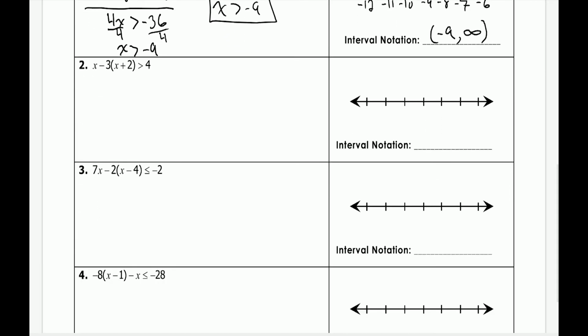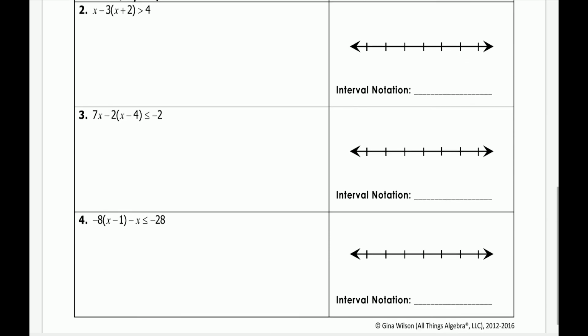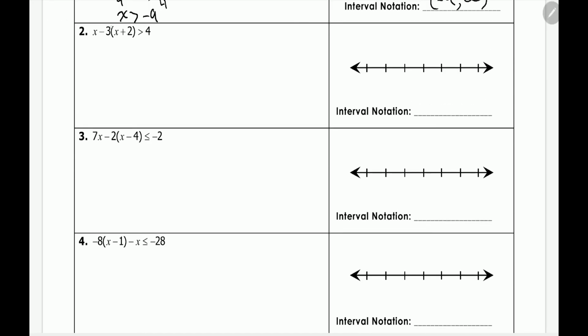So let's talk about number 2. We have x minus 3 times the quantity x plus 2 is greater than 4. Let's start solving. We have to distribute this negative 3. Negative 3 times x is negative 3x.